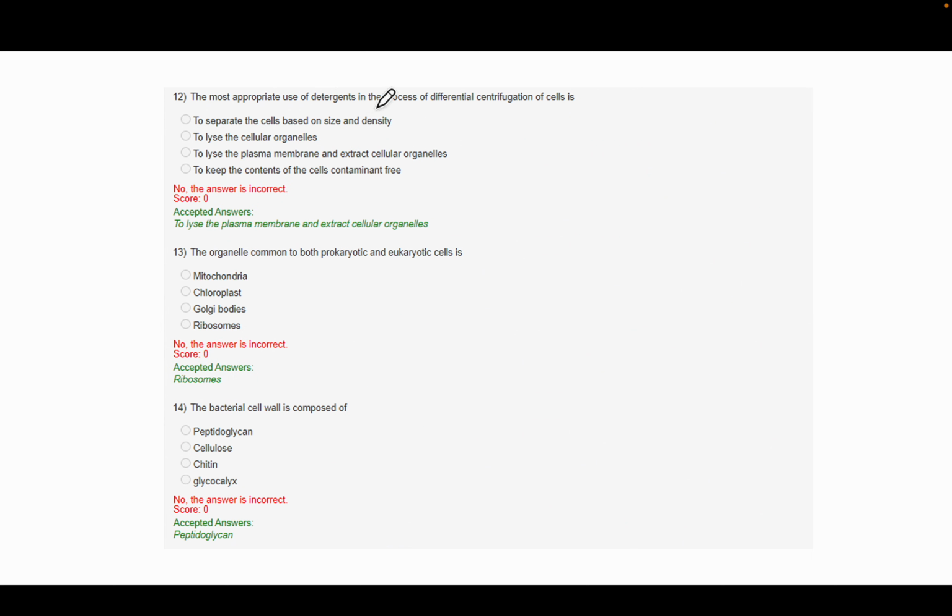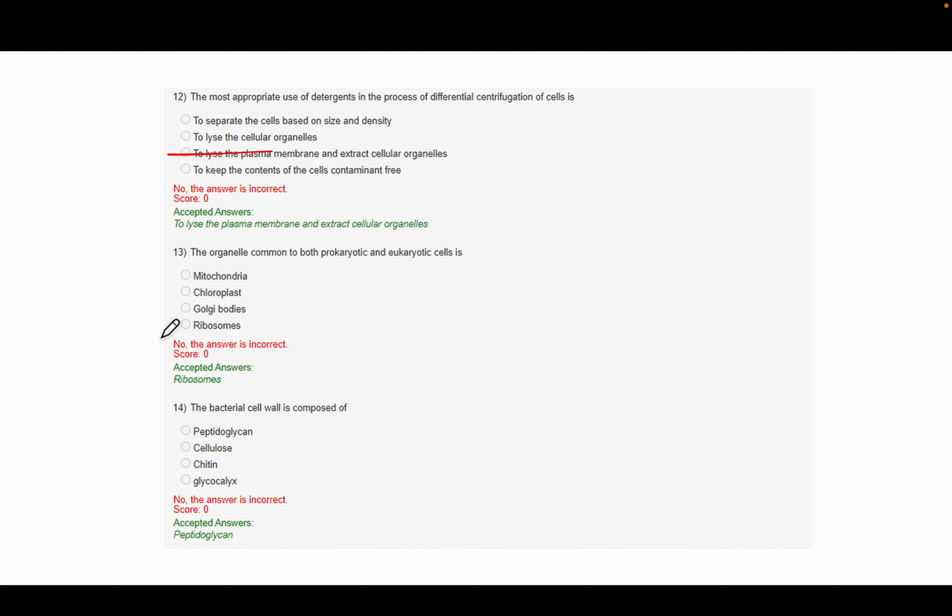The most appropriate use of detergents in the process of differential centrifugation of cells is to lyse the plasma membrane and extract cellular organelles. The organelle common to both prokaryotic and eukaryotic cells: mitochondria, chloroplast, Golgi bodies and ribosomes.